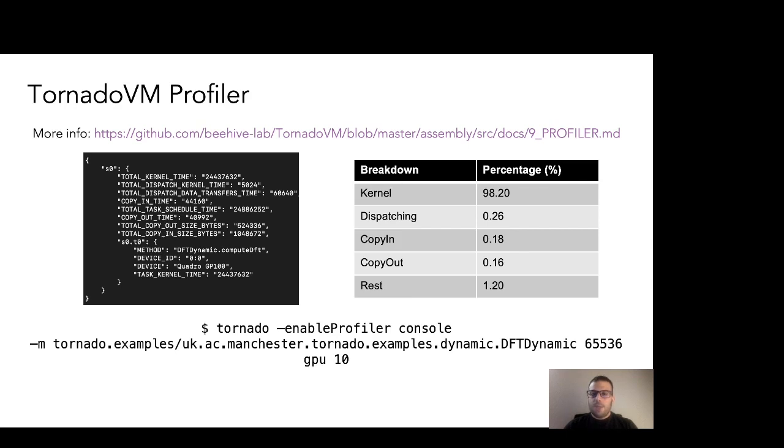And then copy in and copy out regard the actual data transfers from the CPU to the GPU memory and from the GPU memory back to the CPU for the actual result. And the rest of the time is spent in the runtime.